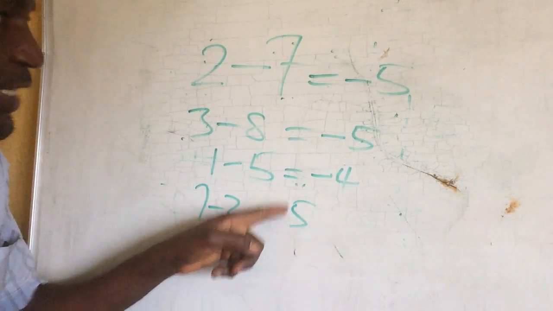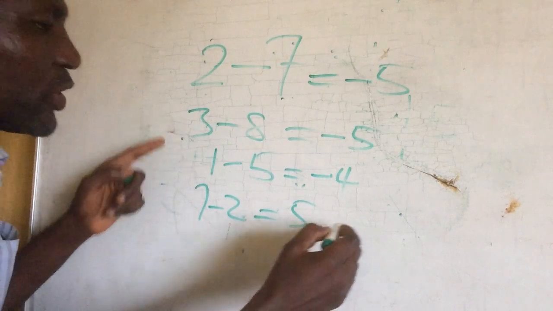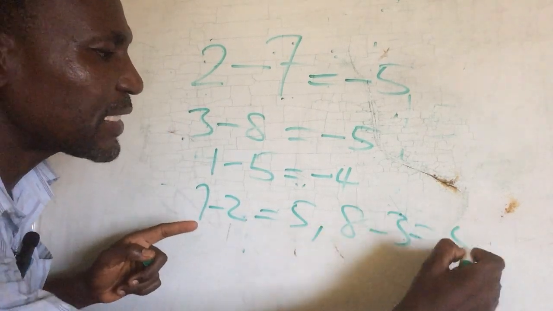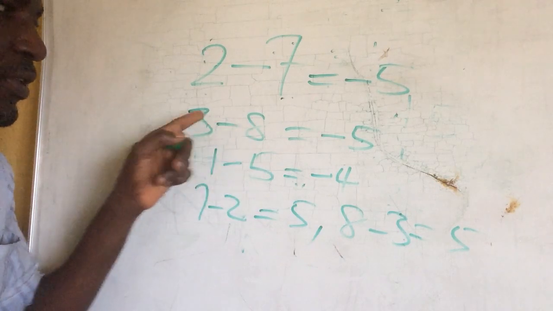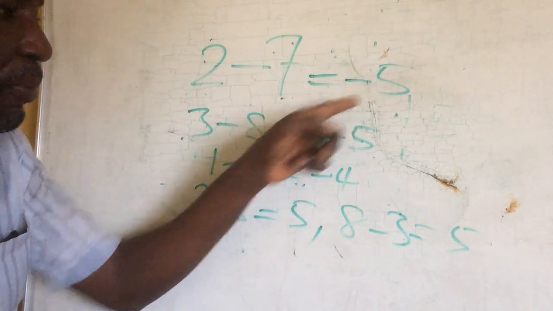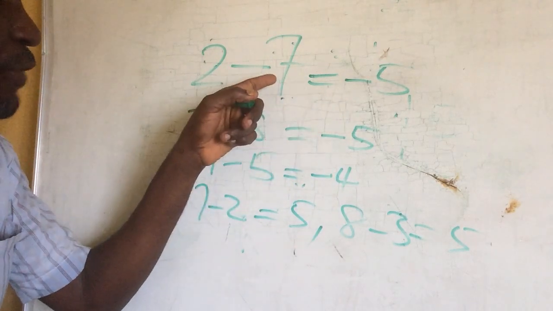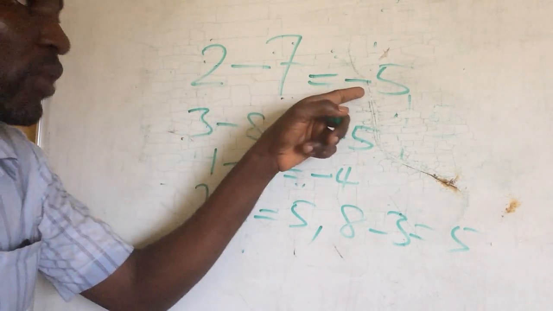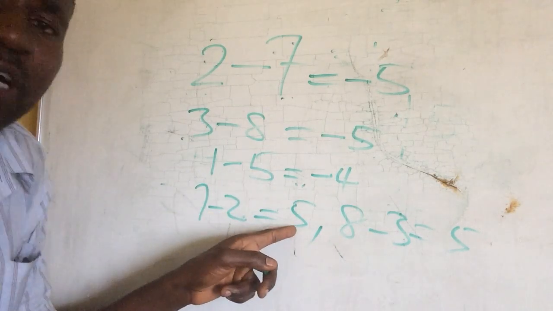No minus sign like this one because a smaller number is being subtracted. The same thing when you say 8 minus 3, the answer is 5, because you are subtracting a smaller number from a bigger number. The answer is the same number, but the difference is that if you are subtracting a bigger number from a smaller number, the answer will carry minus. But if you are subtracting a smaller number from a bigger number, the answer will not carry any sign.